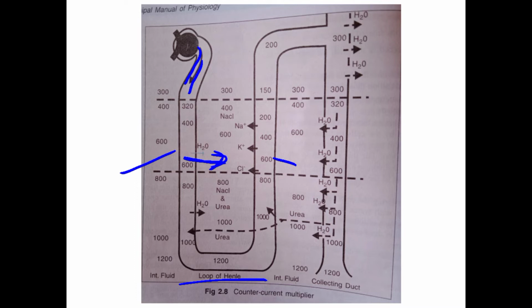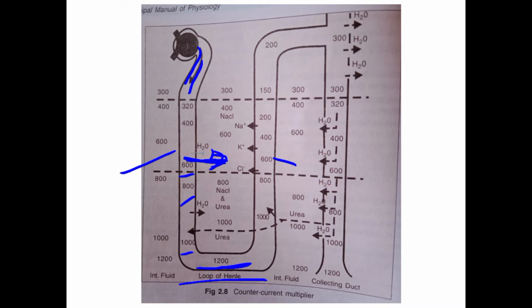So when the water is going outside from the tubule, the osmolarity of the filtrate present in the tubule goes higher; it becomes 600, 800, 1000 and 1200.